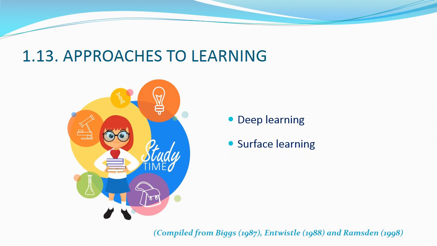On the other hand, surface learning is accepting new facts and ideas uncritically and attempting to store them as isolated, unconnected items. However, strategic learning implies targeting the learning process towards achieving maximum academic performance by the objective means of grading.